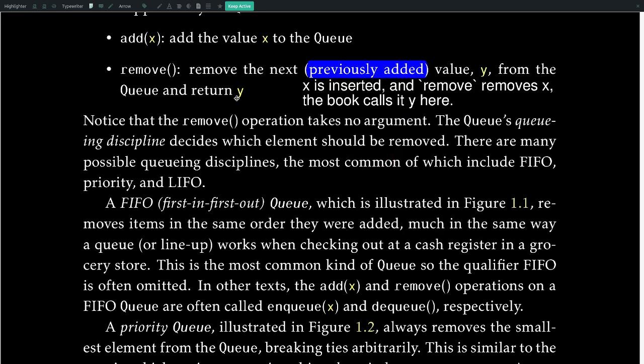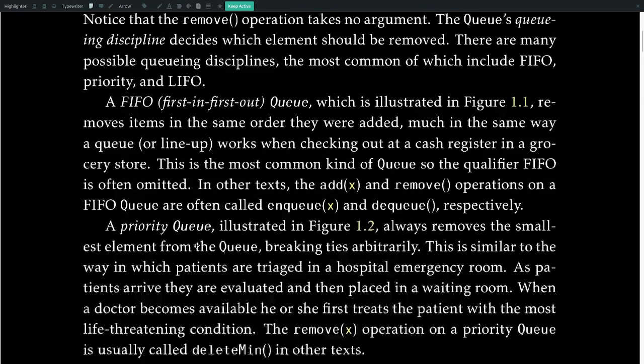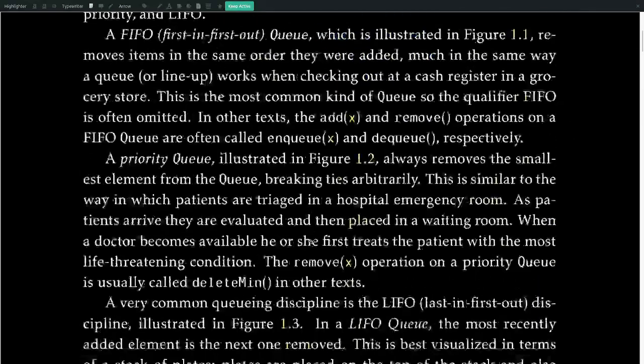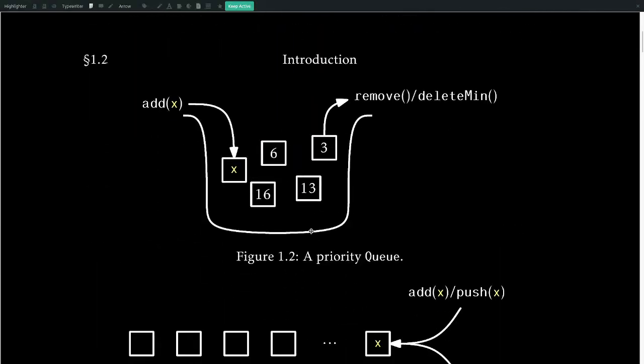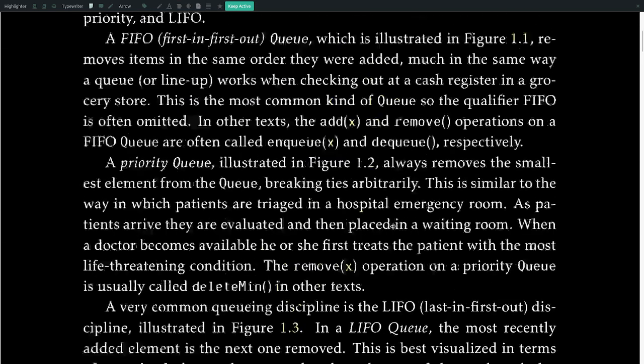See, notice that the remove operation priority queue. This must be some kind of queue to qualify when in order, the add, remove, NQ and DQ respectively. A priority queue illustrated in figure 1.2. Remove minimum. Sick.